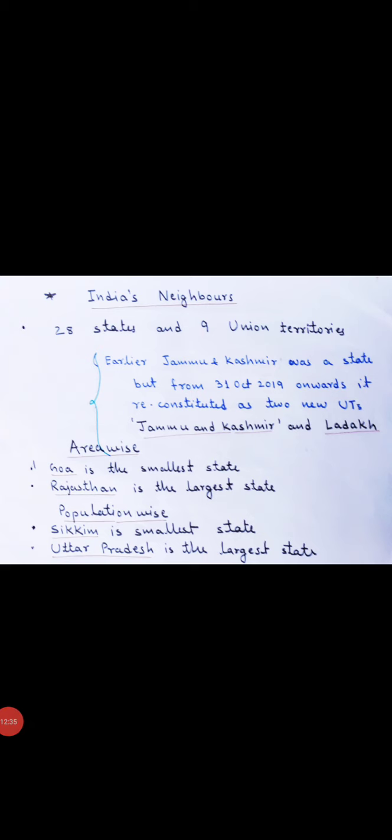Now the last one, India's neighbors. The total number of states in India is 28, and there are 9 union territories. Jammu and Kashmir and Ladakh are the latest additions among the union territories.